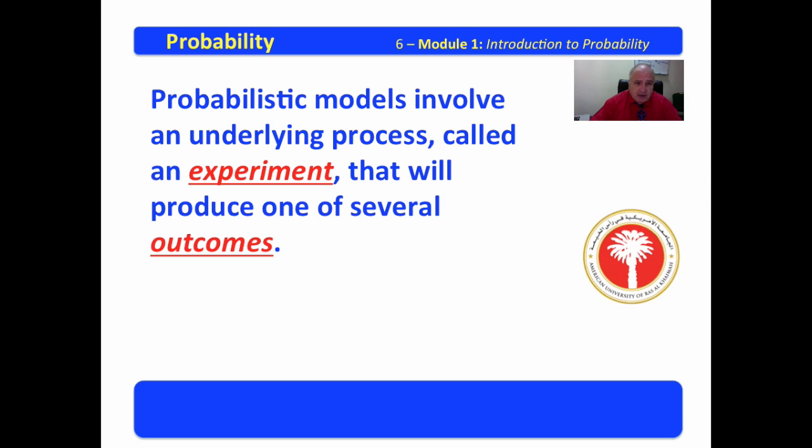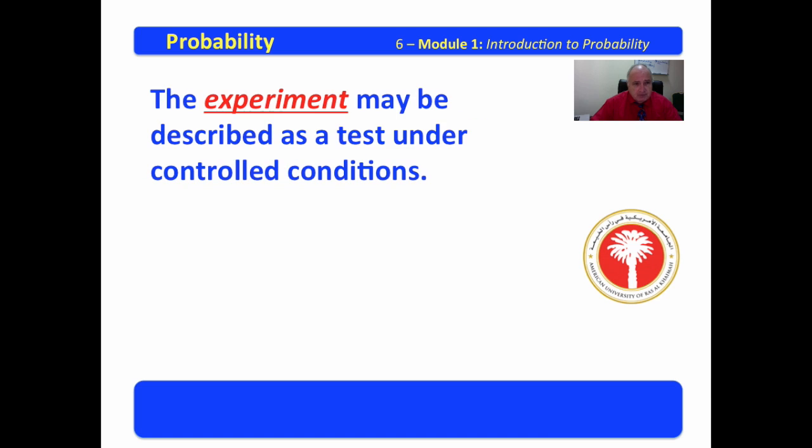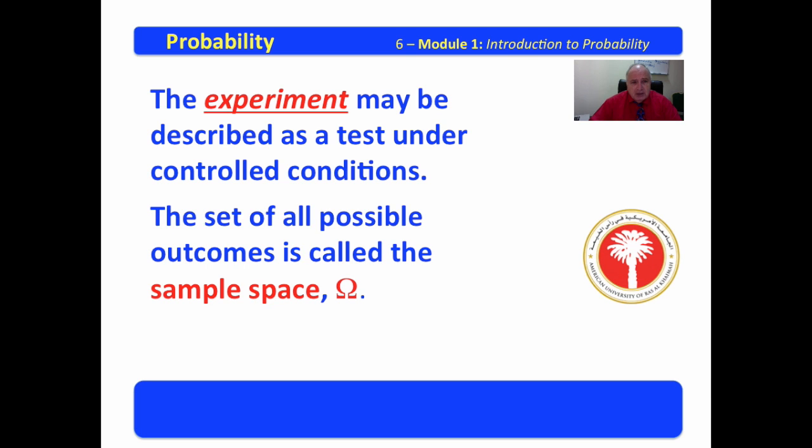Probabilistic models involve an underlying process called an experiment, and that experiment will produce one of several outcomes. The experiment may be described as a test under controlled conditions. The set of all possible outcomes is called the sample space, designated by the capital letter omega.